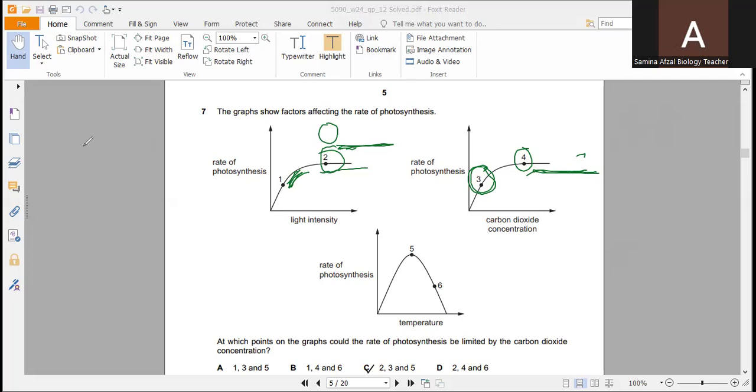So the rate of photosynthesis is decreasing with increasing temperature, so we can say this point also acts as a limiting factor. So according to these points, A, E, and D are not the correct options. Only C is the correct option.